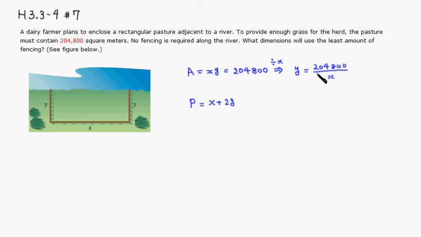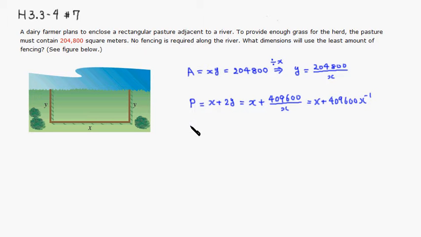But y is 204,800 over x, so we can write it as x plus 2 times that, which is 409,600 divided by x. I'm going to rewrite it as x plus 409,600 x to the negative 1 power.